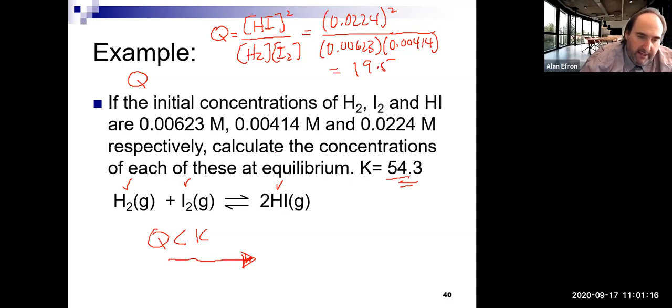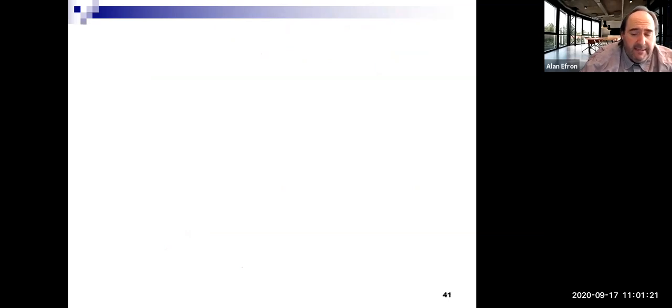So now that we do have it all worked out that it is not at equilibrium and it is going to be heading towards our products, we could start the actual problem here. So we have our H2 plus our I2 going to our 2HI, with our K being the same as our Q in terms of the expression, products over reactants.